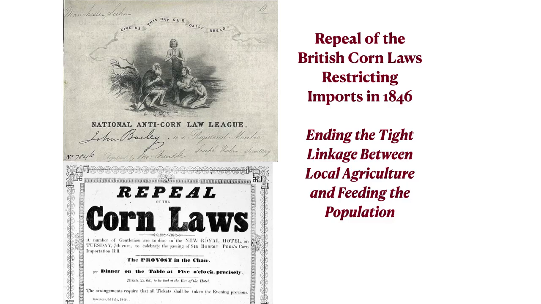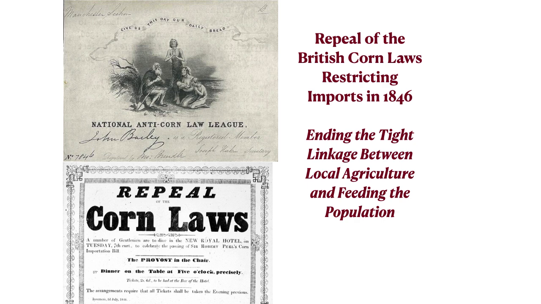Another thing I'd note, too, is that up until 1846, at least from the Napoleonic period up to the middle 1800s, there was virtually no import of grain into Britain. Parliament had passed these very restrictive corn laws to prevent that from happening.